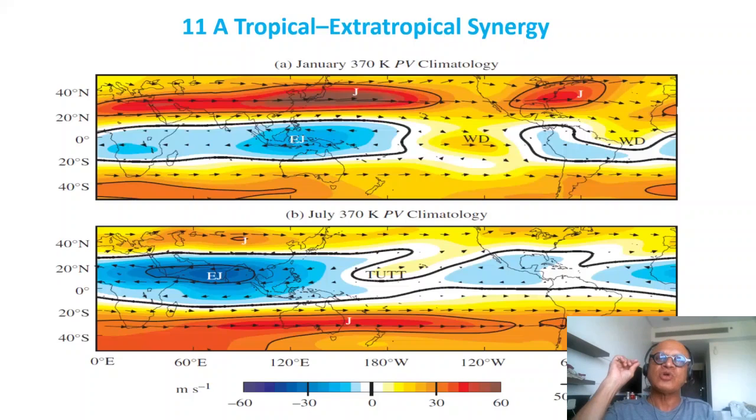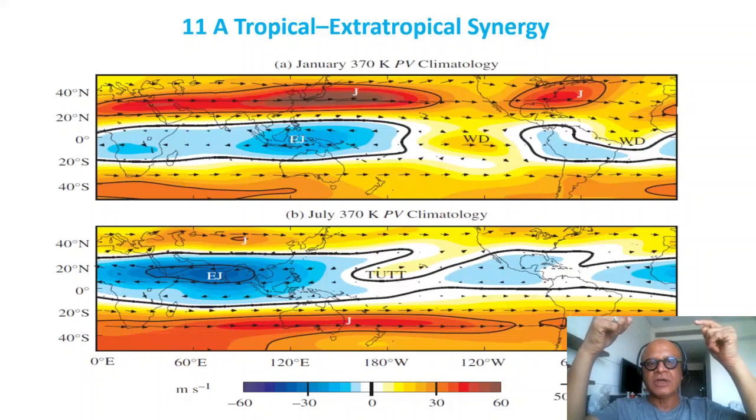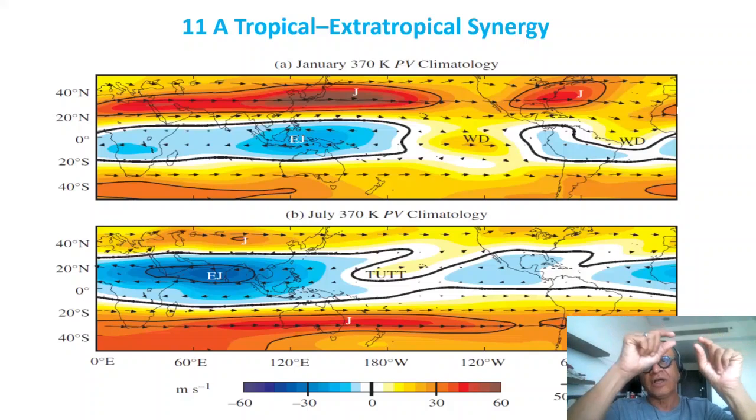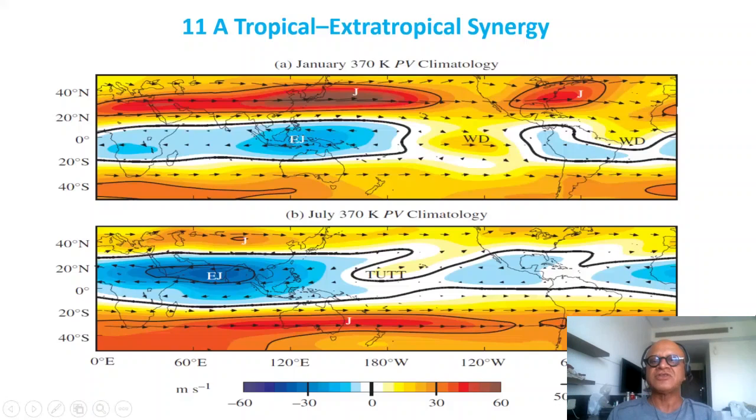We are going to talk about the upper atmosphere with some reference to the lower atmosphere, but essentially it's about the Hadley cell creating the divergence from the tropics, creating this westerly jet in the extratropics. The jet has a certain structure, for example, the westerly duct and the tropical upper tropospheric trough.